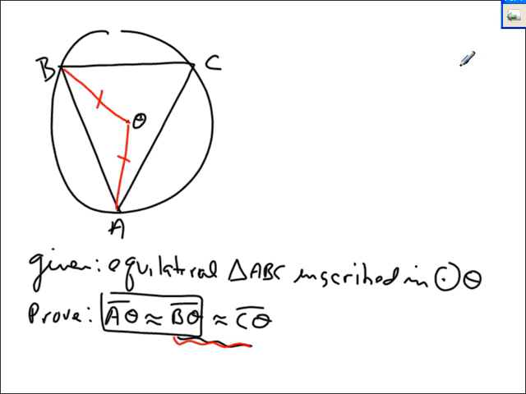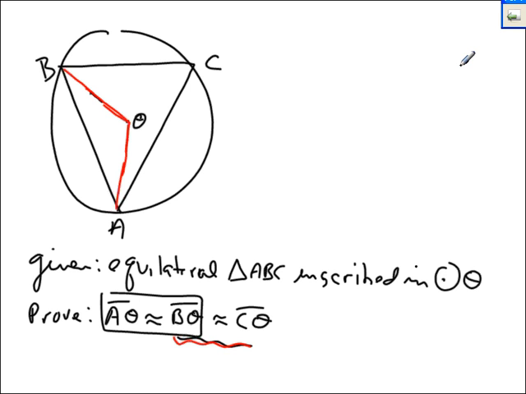Alright, so now let me just remove these dashes because I don't know that they're equal. Okay.